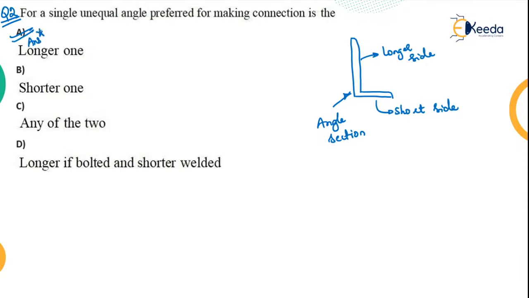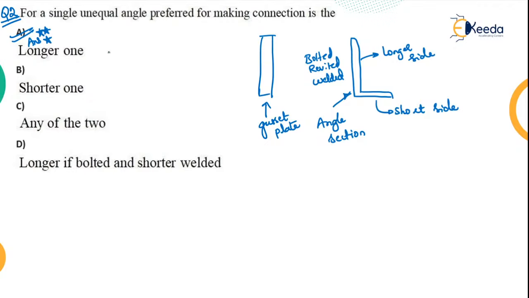Whenever we are doing the connection, whether it is bolted, riveted or welded, when you are connecting an angle section to any of your plates, say your gusset plate, you have to connect the longer side. The longer side is preferred over the shorter side.